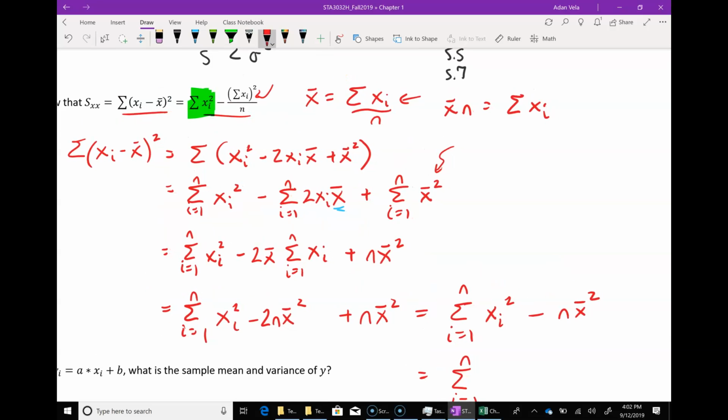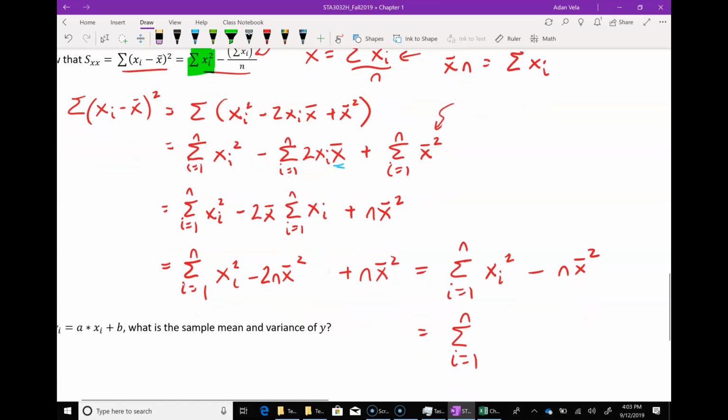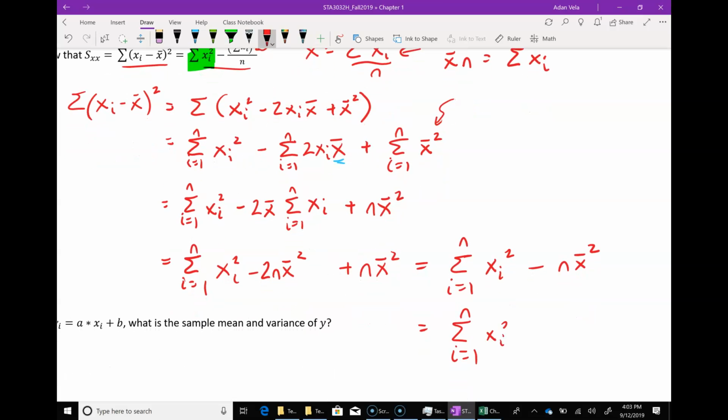We need to get this right here, but it's not too hard because we just use the definition of the mean again, this guy. But now we're squaring everything. So we can go ahead and just use that substitution. What's x bar equal to?